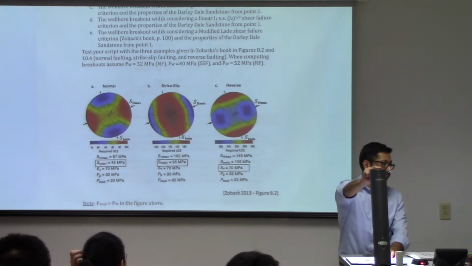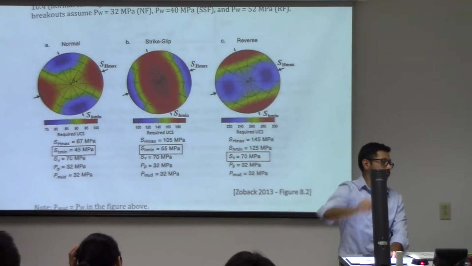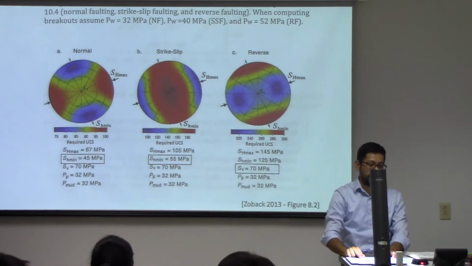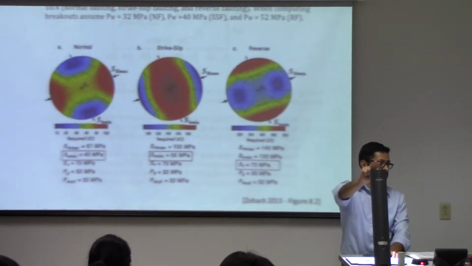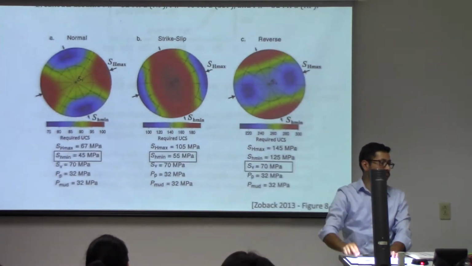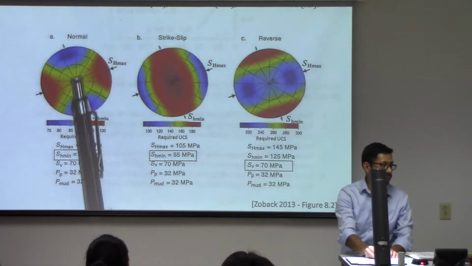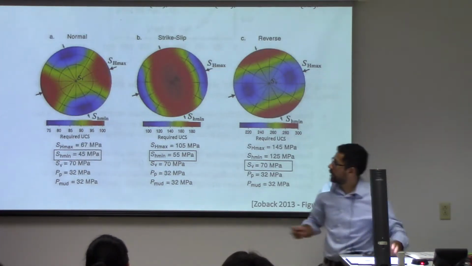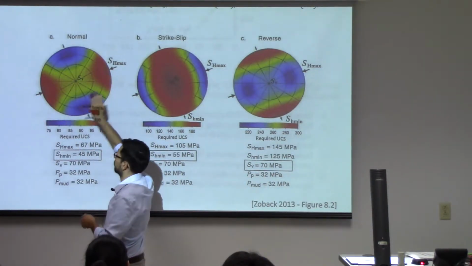When you analyze the stability of deviated wellbores, you can do a general analysis in which you plot the conditions of stability for any wellbore at any arbitrary direction. In this lower hemisphere projection, imagine that this is half a sphere, right? And you're looking from the top.